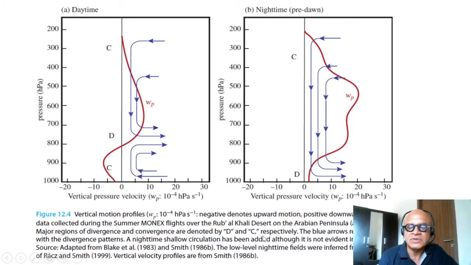The blue arrows represent circulation consistent with the divergent patterns, as we'll discuss in a minute. Nighttime shallow circulation has been added, although it's not evident in the summer MONEX data. This is from these various papers. So vertical velocity is from this paper of Smith in 1986.